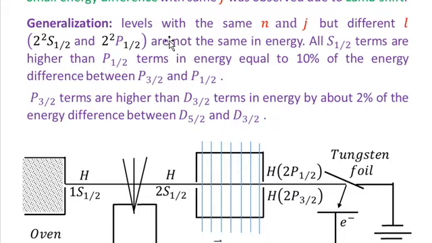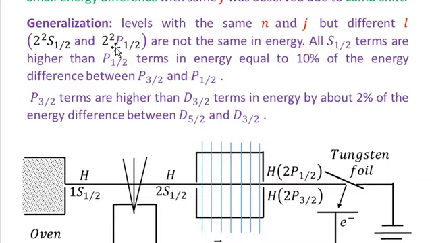Generalization. So levels with the same n and J but different L, for example S1/2 and P1/2, are not the same in energy. You can notice for these two terms that the value of the principal quantum number is the same. The value of the quantum number J is also the same, that is 1/2 and 1/2 in both cases, and the principal quantum number is 2 and 2 in both cases.